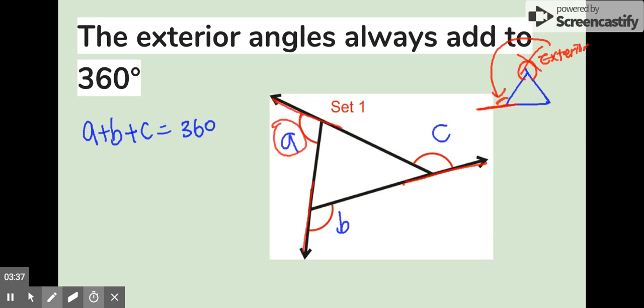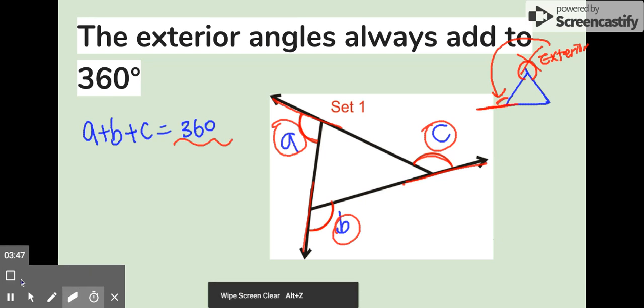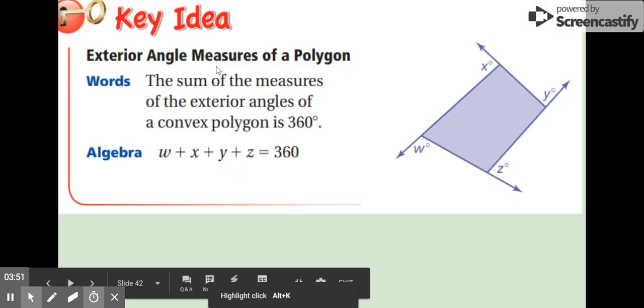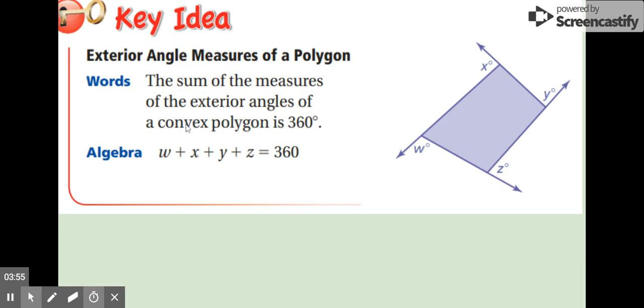So this is an exterior angle, this is an exterior angle, this is an exterior angle. When you add all these 3 angles, it's always 360. And you know what? It's actually always 360 for any polygon. The sum of the measures of the exterior angles of a convex polygon is 360.